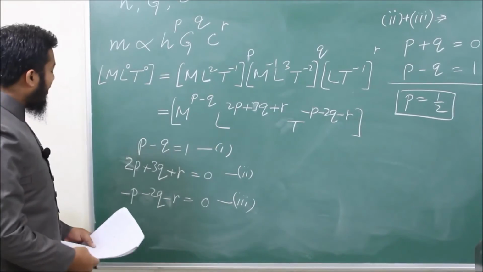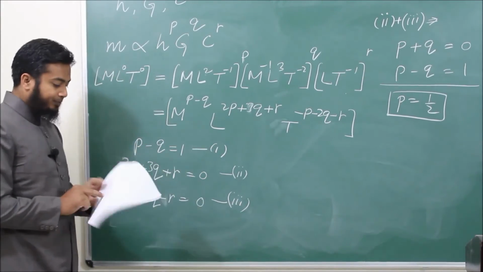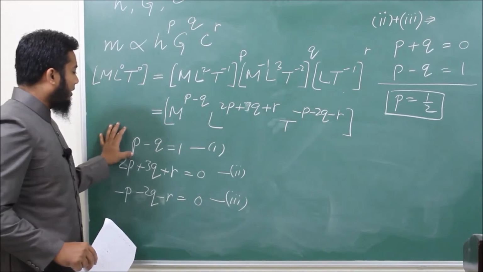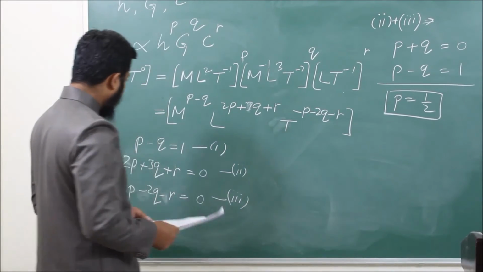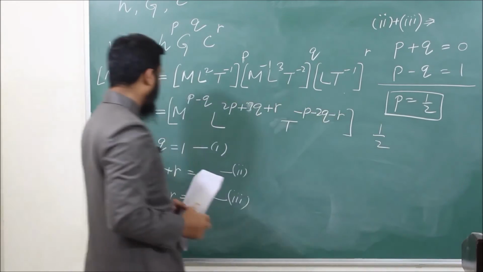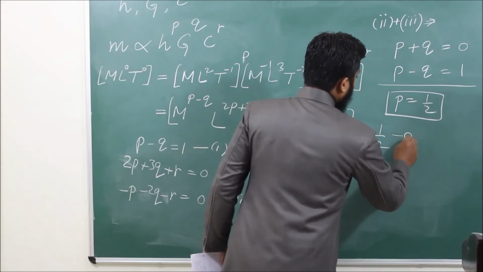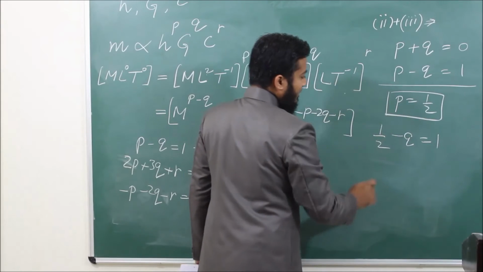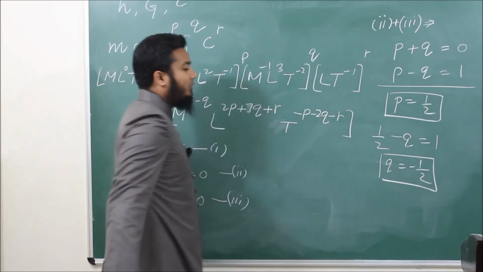Now if I put the value of p in equation 1, you can find the value of q. p is half, and minus q, and this is 1. So half will be subtracted from 1, and you will get q as minus half. So the value of q is minus half.